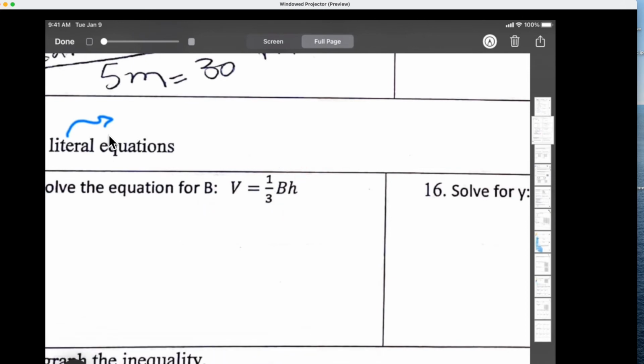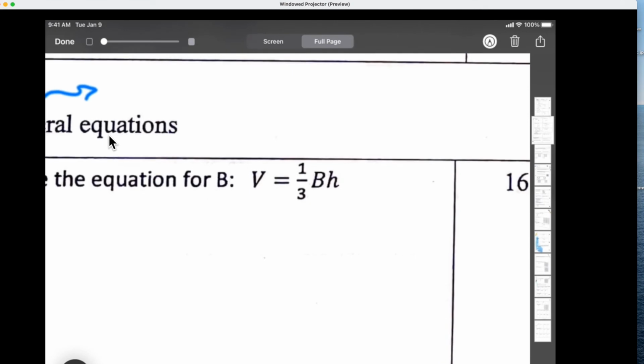Okay. The first thing I see here is I don't like this fraction. So if we're trying to get rid of this fraction, we can do the following. We could say, okay, what is 1/3 times b times h? So what I'm going to do is change this to 1/3 times bh over 1. Okay, the v stays the same.